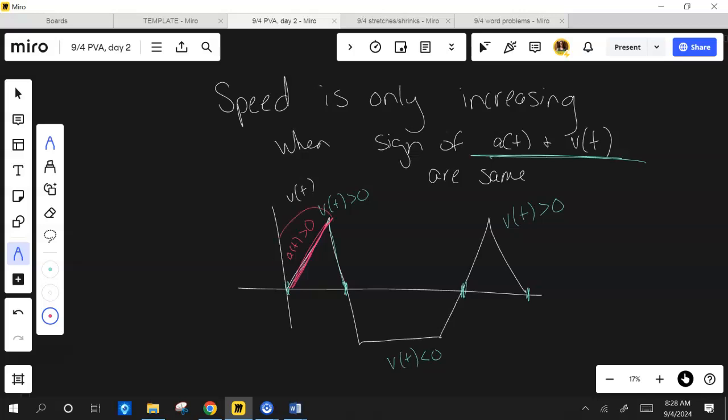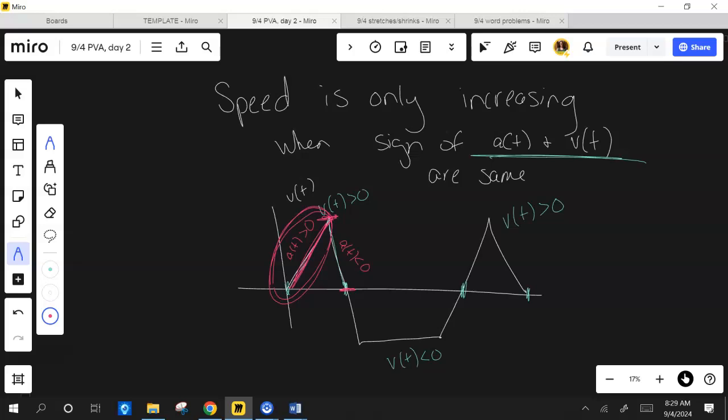In this interval right here, both acceleration and velocity have the same sign. Therefore, Meriwether is speeding up. She is moving, right? But then whenever I move over here, what's happening with acceleration? It's negative, right? So from this to this, am I speeding up or slowing down? Why? The signs are different.